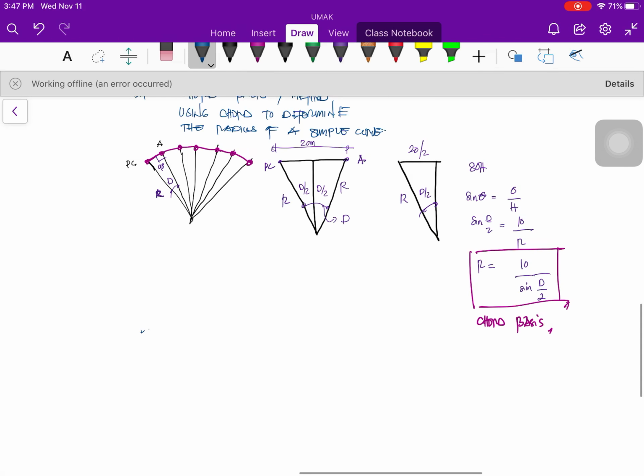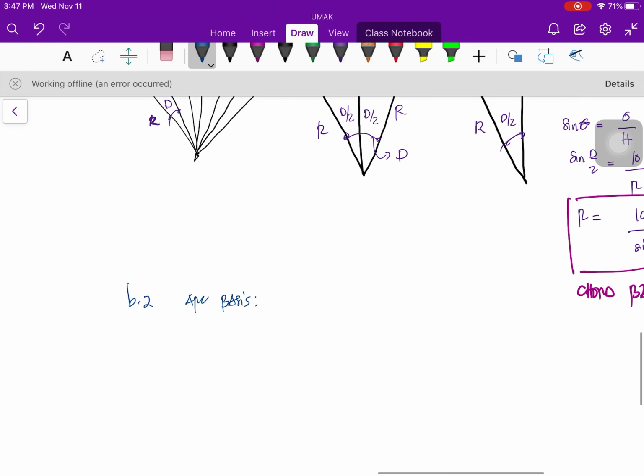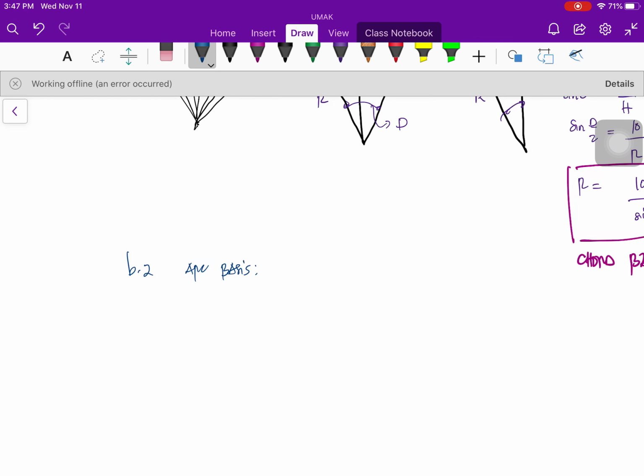Next is the arc basis. When you say arc basis, they are using an arc instead of a chord or straight line. So let's say this one is PC and this is your station A. This one is 20 meters, the length of the arc.